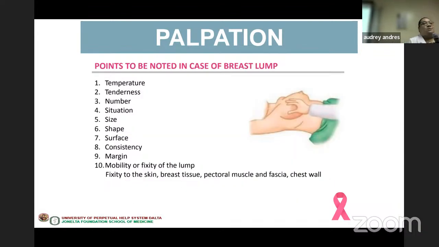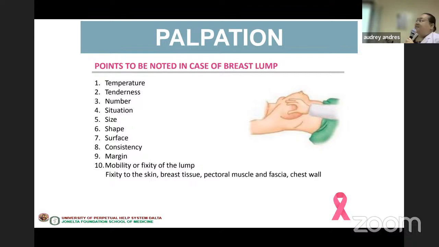What do you have to take note of? Temperature, tenderness, number. Most common mistake: if you already palpated one, there's already a mass, then you stop. What if there's two more, three more, four more? What if there are five more on the other breast? So do a thorough breast exam for your whole quadrants.